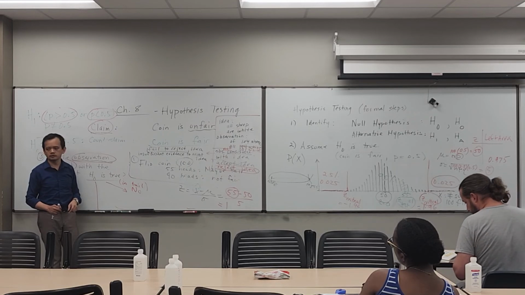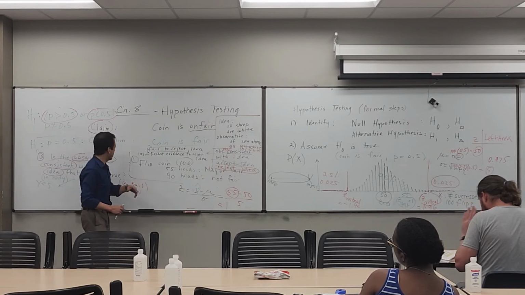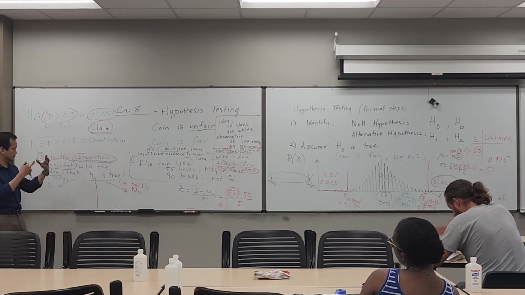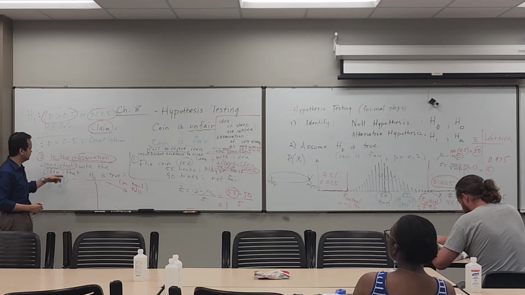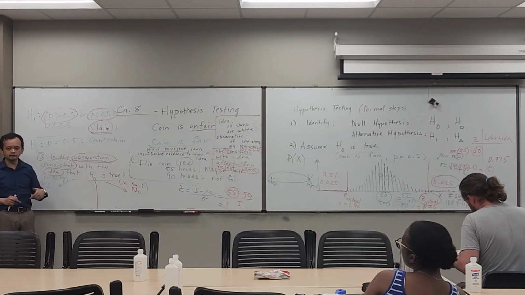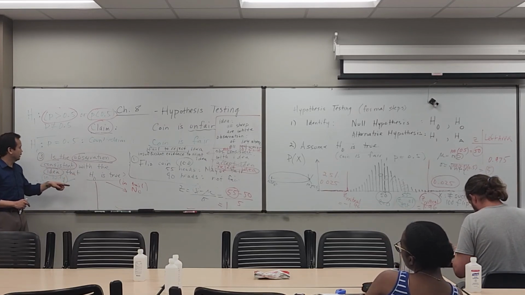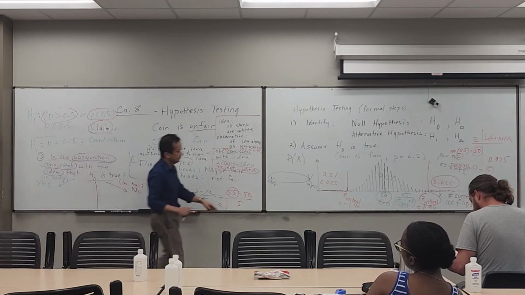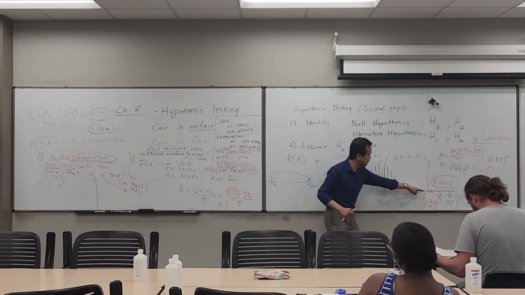Okay. Any questions? All right, so now we're going to go back to the example we started out with, the coin. So in this case, we're observing 55 heads after we flipped the coin 100 times. And in that case, this 55 heads was in the body of the distribution.